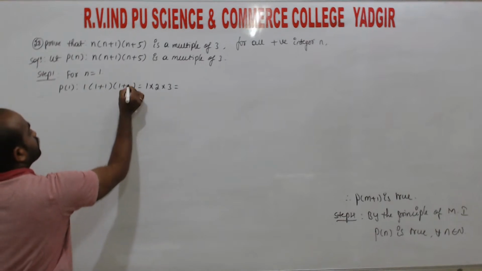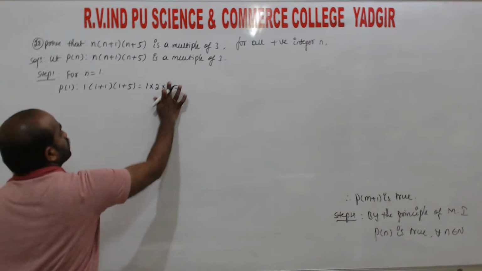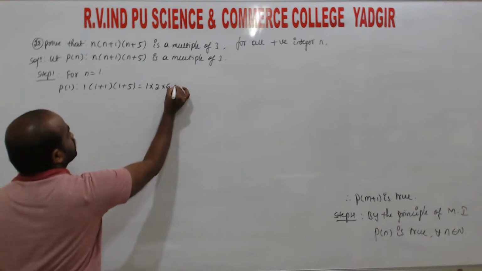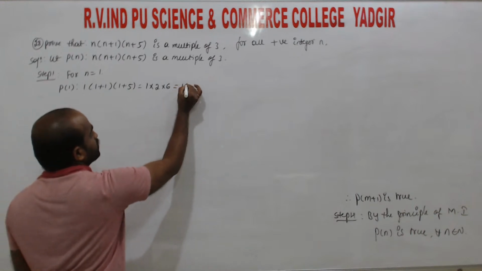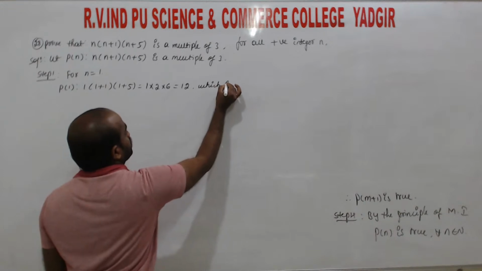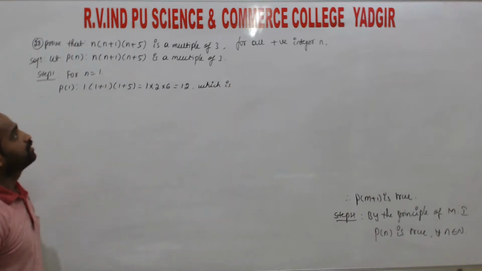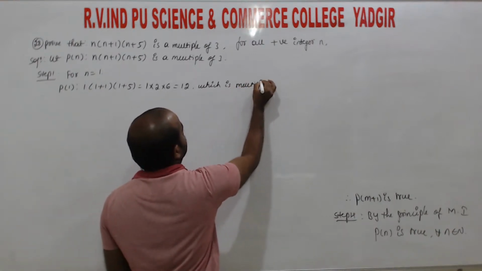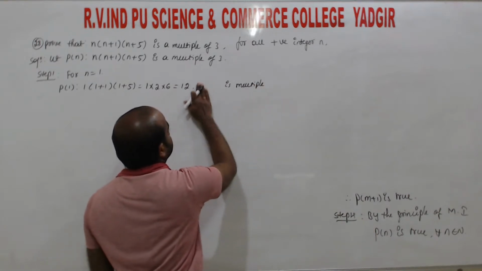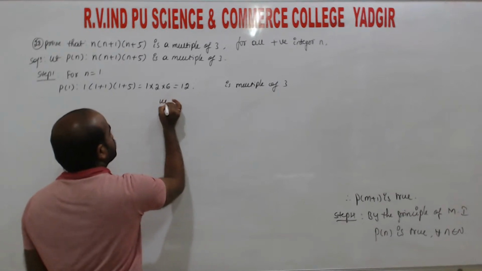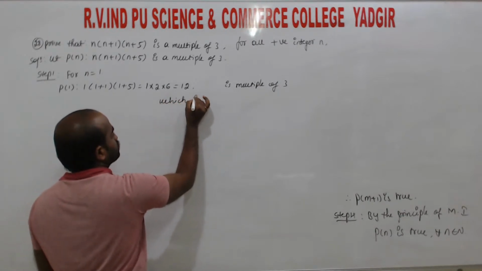Next, 1 plus 5 is 6. 1 into 2 into 6 is 12, which is a multiple of 3, which is true.